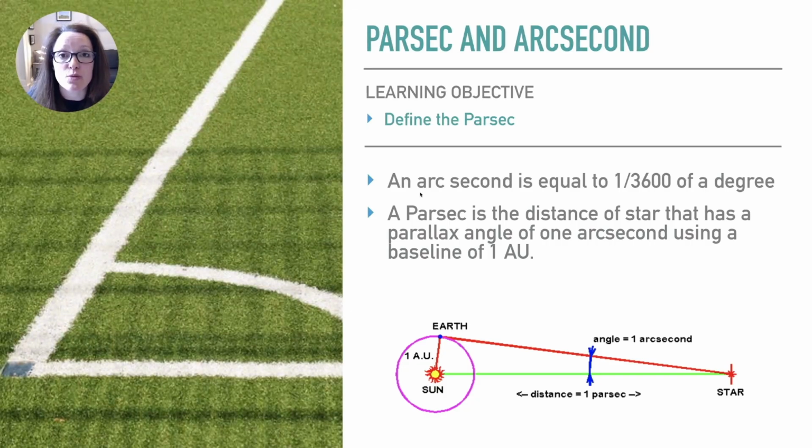Now 1 AU is 1 astronomical unit, and that is basically the distance between the Earth and the Sun. 1 parsec, if you were to do the trigonometry maths, which I'll tell you about in a second, is equal to 3.08 times 10 to the 16 metres. That is shown in your data booklet. Don't need to memorise that. It's just a unit of length, and that's what it is in metres.